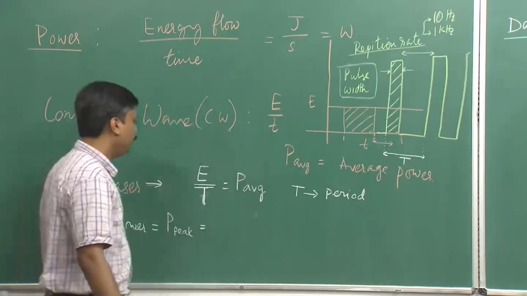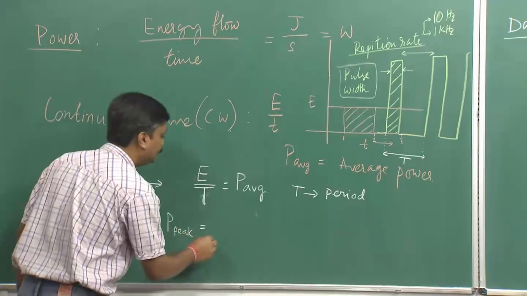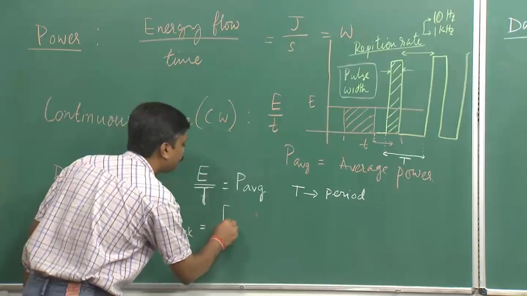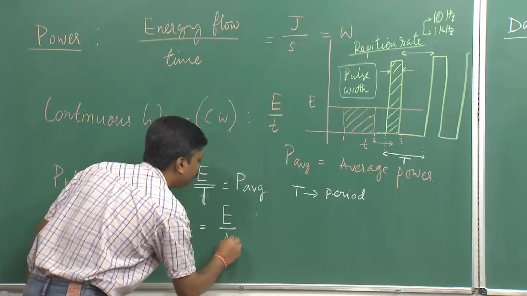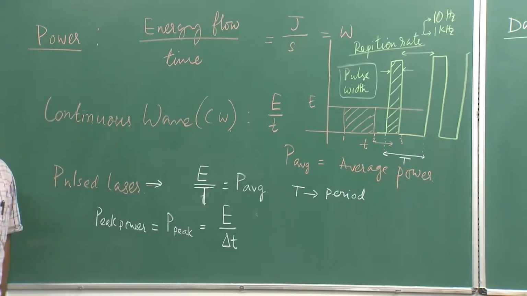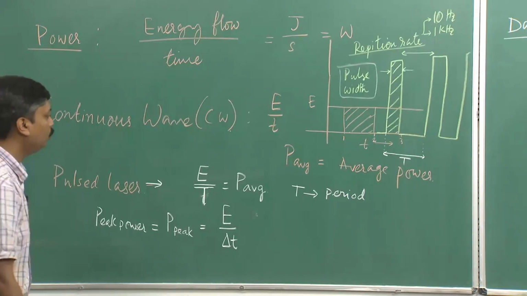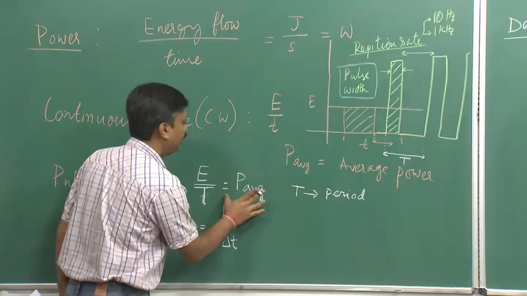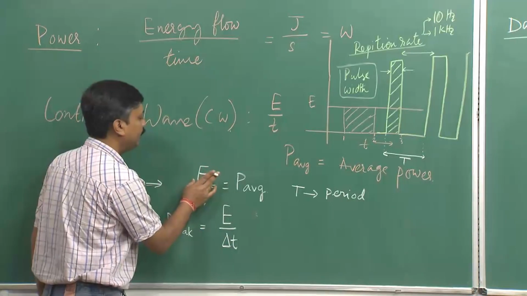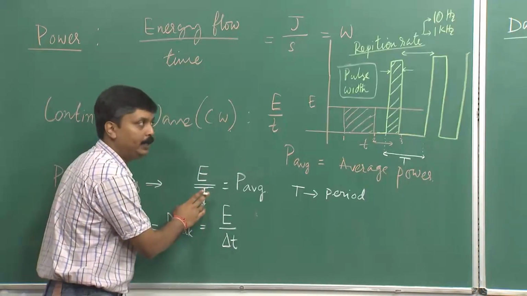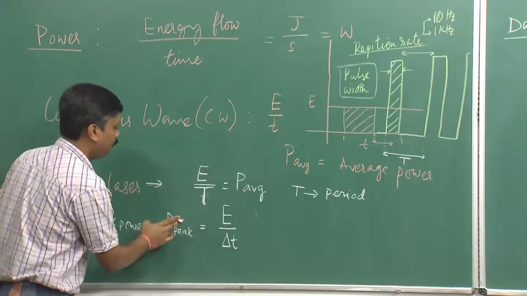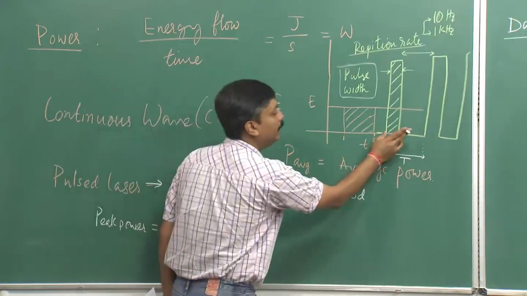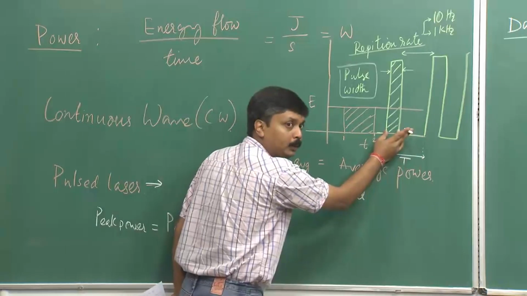If I call the pulse width delta t, then this is my peak power. So, we have defined the average power as the energy per time period, which is this time, and peak power as the energy over this pulse width time.